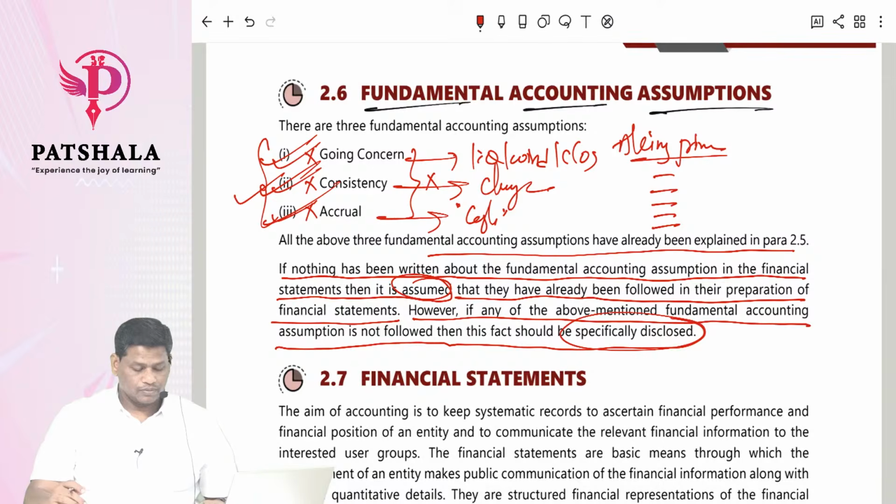Right, there are three. What is that? Going concern, consistency, accrual.